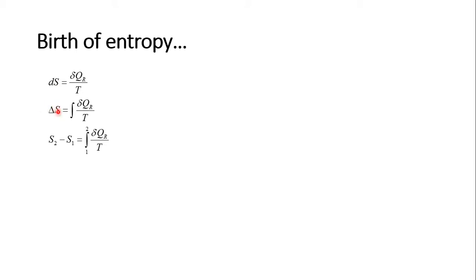So you can directly write delta s is equal to integral delta QR by T. Since this is a point function, you can write s2 minus s1. But this delta QR alone is not a point function. If you take delta QR by T together, this will become a point function, entropy. So it will become integral 1 to 2 delta QR by T. So this is the definition of change of entropy. What is the definition? S2 minus S1 is equal to integral 1 to 2 delta QR by T.